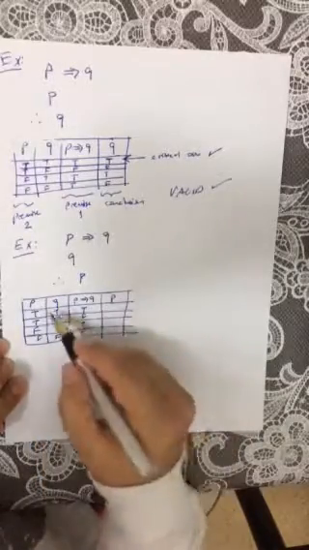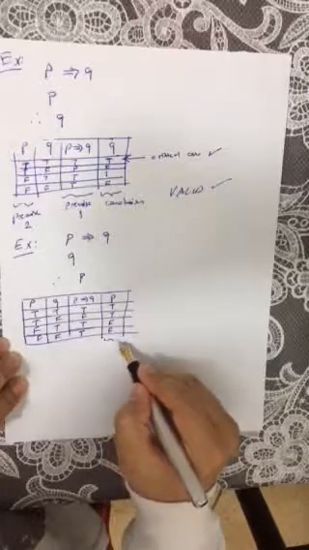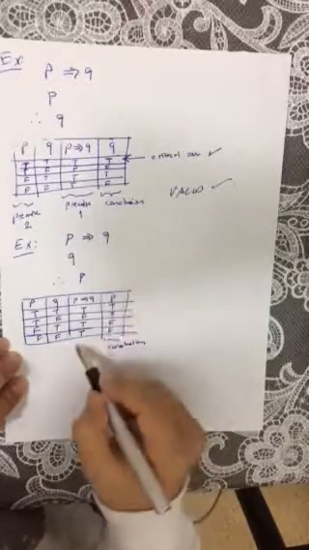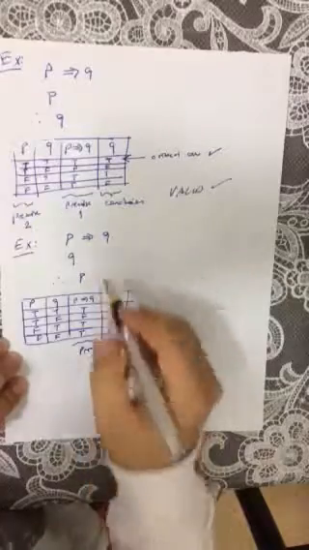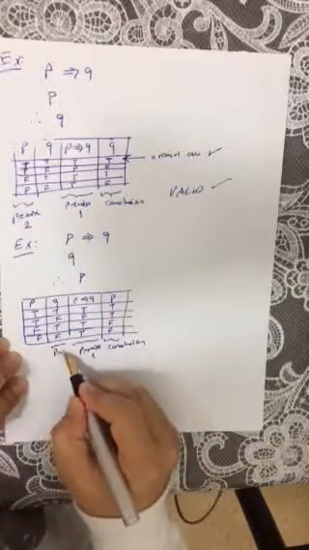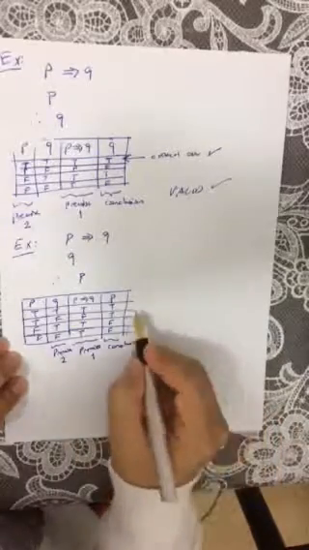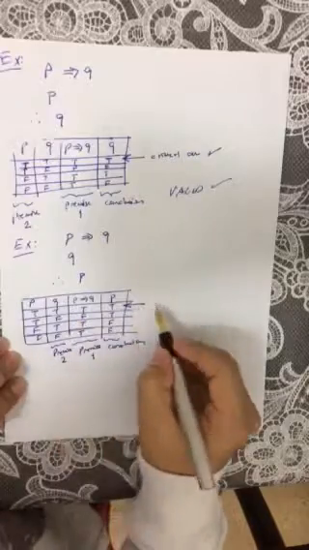Let us rewrite everything again. So this is the conclusion. P implies Q is premise 1, and Q is premise 2. You see this is the first critical row.